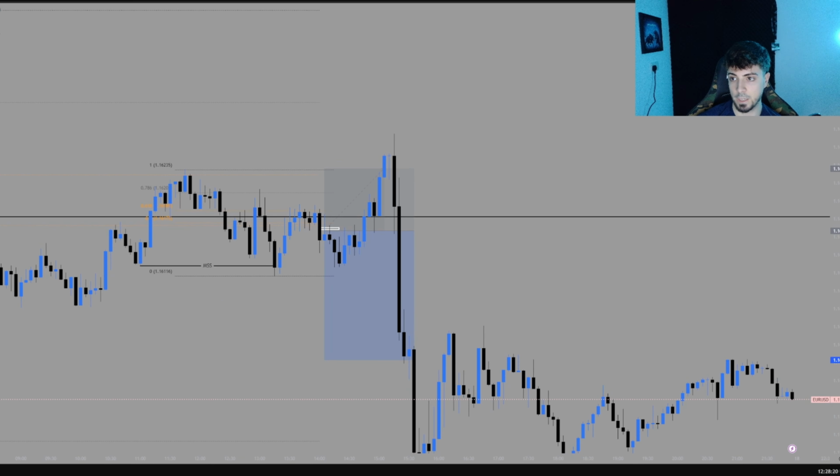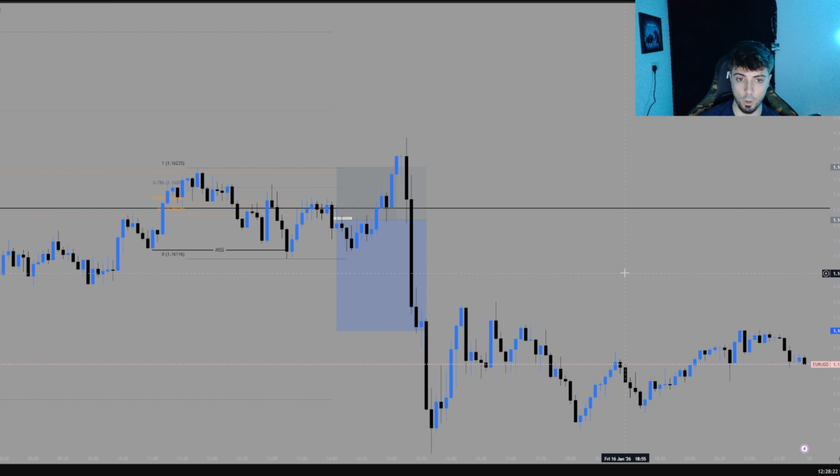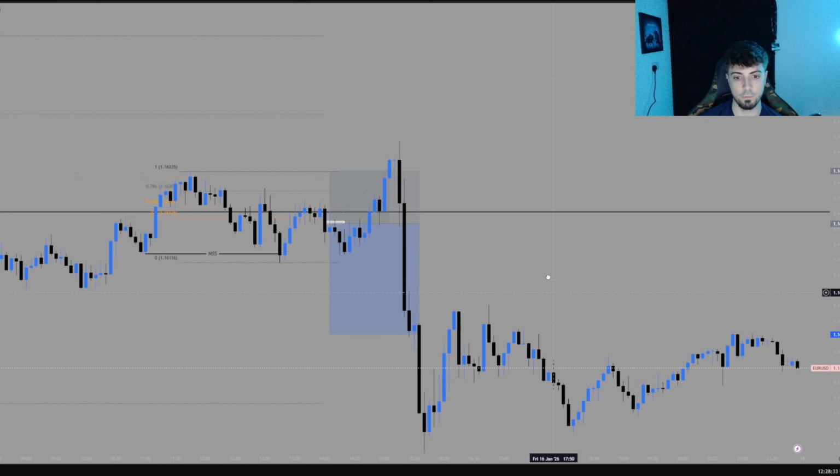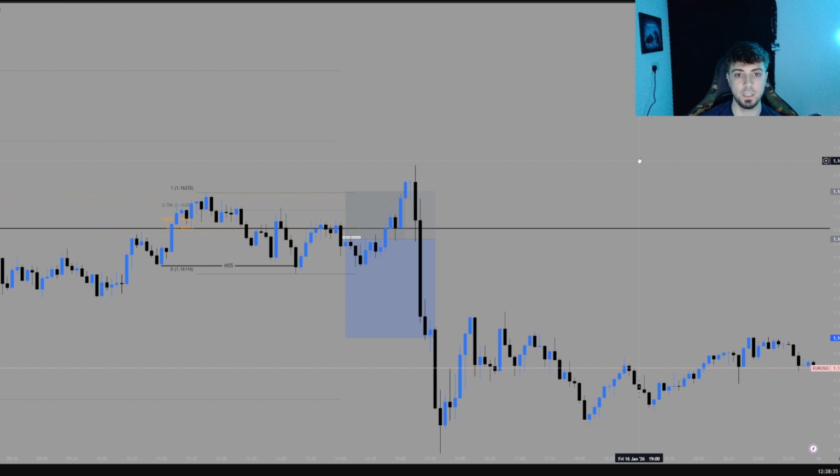And you cannot predict that, and you've got to look at the positives out of any negative situation. I predicted this downwards move almost perfectly. It was that small percentage chance that price swept again and then rallied to the downside. But every single piece of analysis was absolutely spot on, as always, because I will not trade anything other than my strategy. So yeah, that is the recap of this trade.